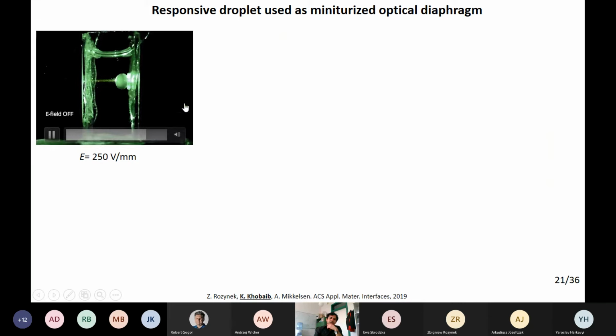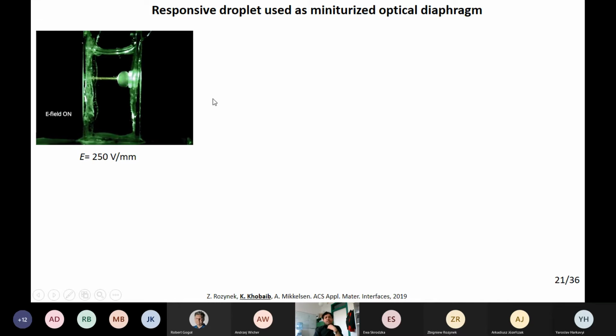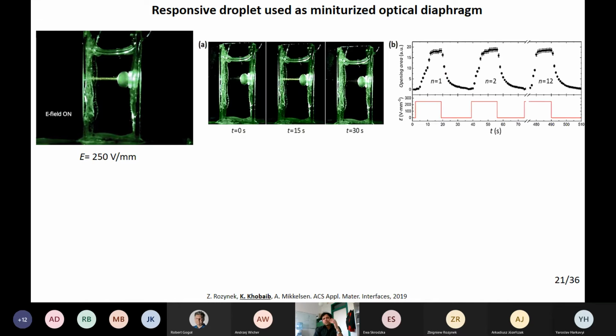Under the application of the electric field, the opening area is created, and the light starts passing through the droplet, and we measure the intensity. When we turn off the electric field, the particles cover the whole droplet, and it blocks the laser light. This is a completely reversible process, and we used it for many cycles.